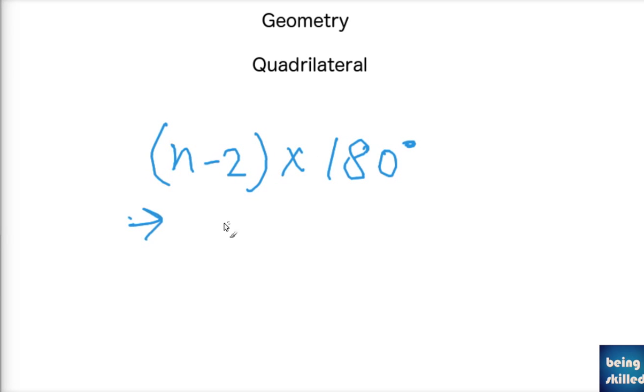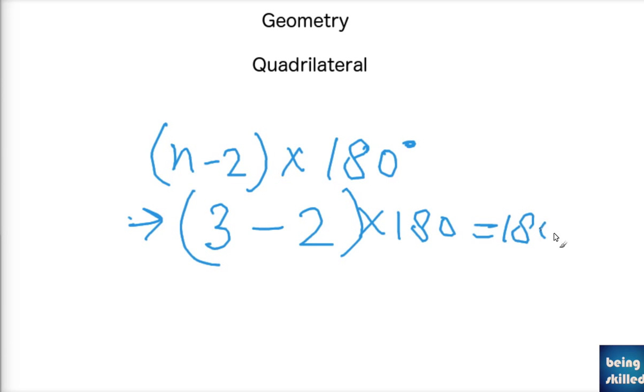The shortcut to find the sum of the interior angles of any polygon is (n minus 2) into 180 degrees. So let's say if there is a triangle which has 3 sides, then just put the value of n equals 3, then we have this, which is equal to 180 degrees. If you have a quadrilateral which has 4 sides, then (4 minus 2) into 180 degrees is 360 degrees.